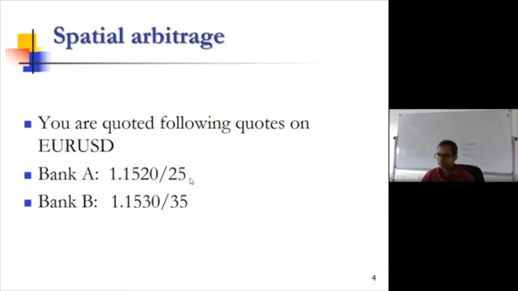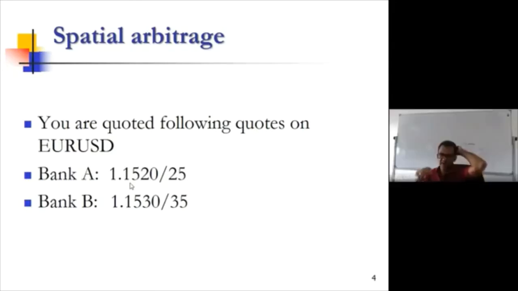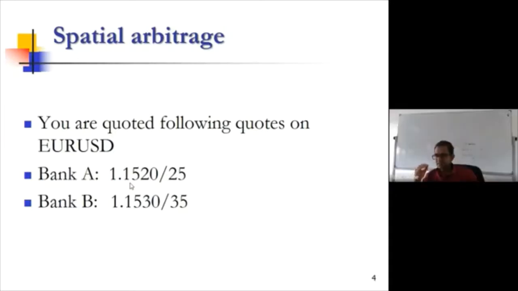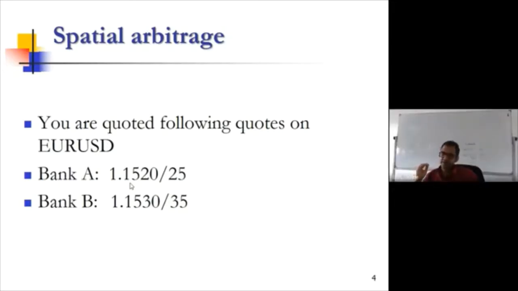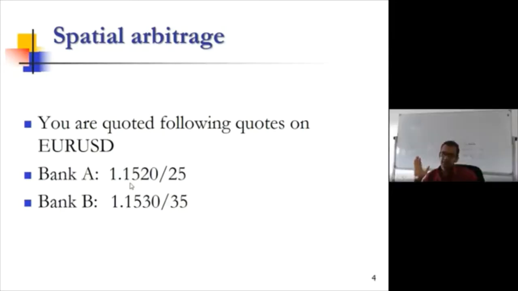How do you interpret 1.1520? The market maker buys at 1.1520 and sells at 25. The market maker is willing to buy the base currency, in this example euro, at the rate of 1.1520.